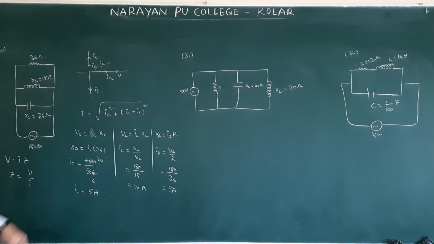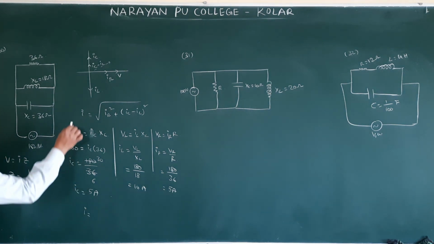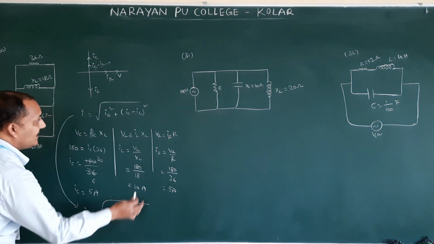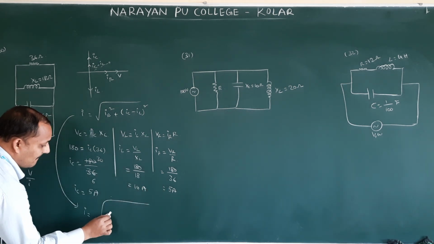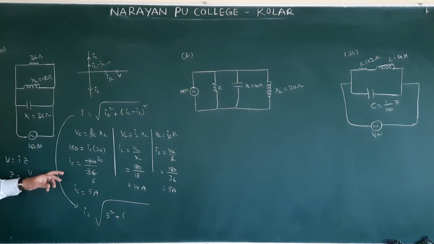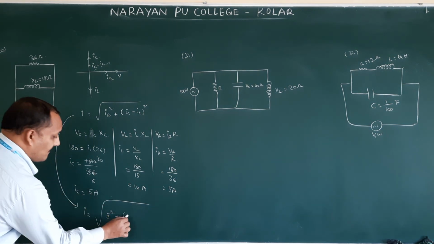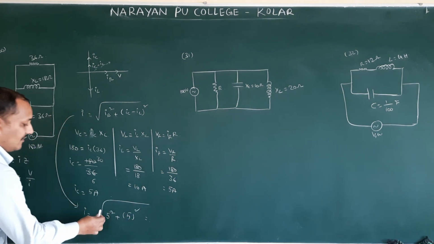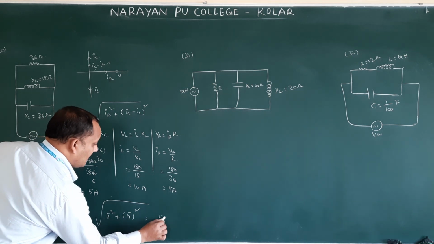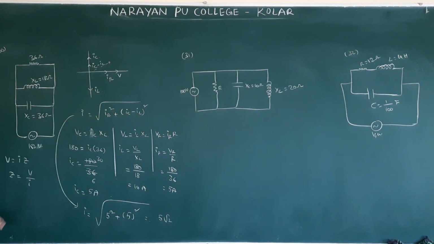Now substitute in this equation. I is equal to root of IR square, which is 5 square, plus IL minus IC, 10 minus 5, 5 square. How much will you get? 5 root 2. Substitute. So 180 by 5 root 2. 3 5s are 15, so 36 by root 2.